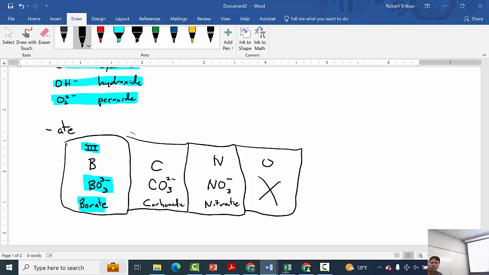And then we go from oxygen to fluorine. And so we'll try to figure out what fluorate should be. How do you spell fluorate? F-L-U-O-R-A-T-E. How many oxygens do you think fluorate has? 3. Yeah, it should have 3 oxygens.